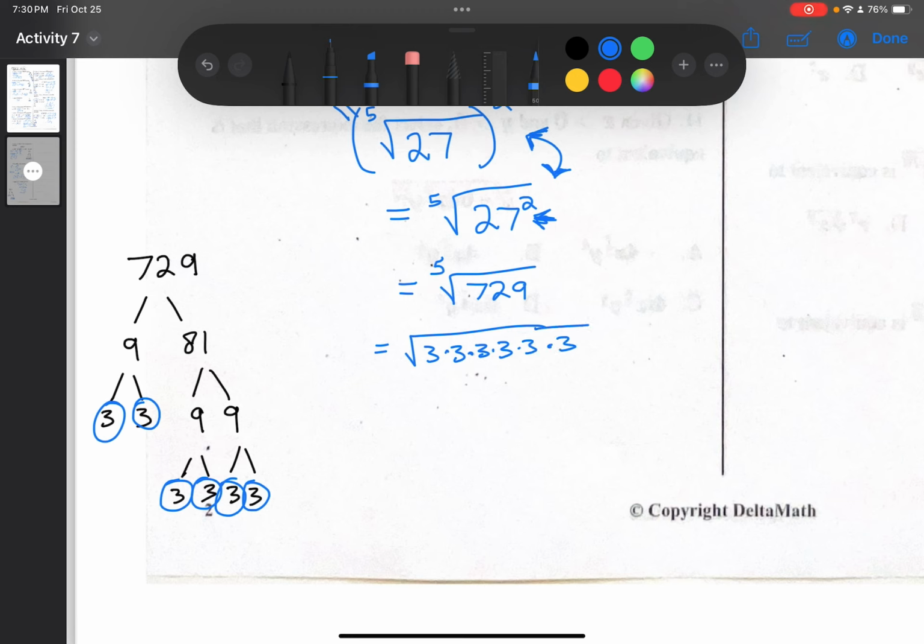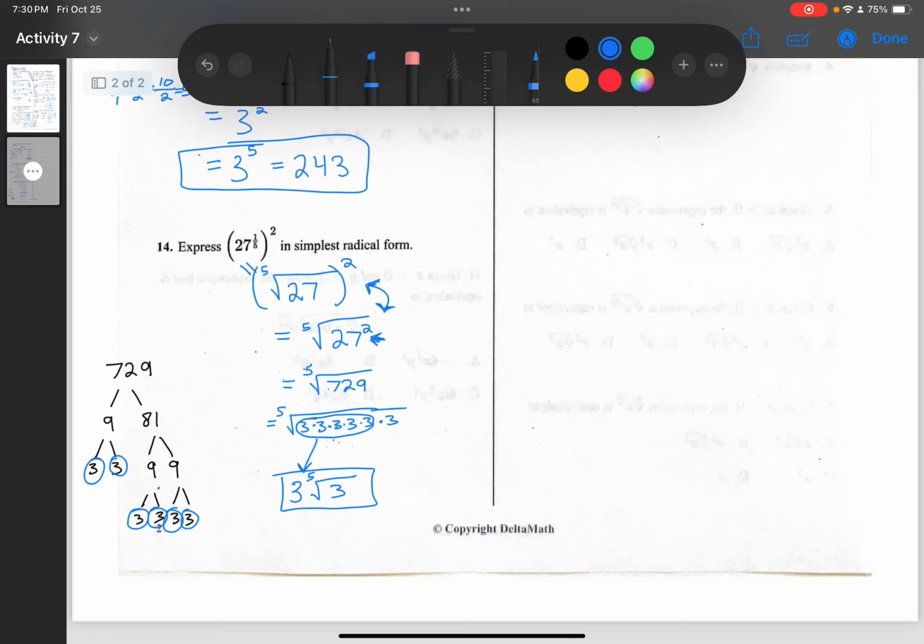That equals the same thing. And we're trying to bring out groups of 5. So this is that first group of 5. And we take that 3 out, if we remember those steps. And we are left with that regular 3 under there. So that is the most simplified version of this. 3 cannot be broken down any smaller. So that is where we get our final answer for number 14.